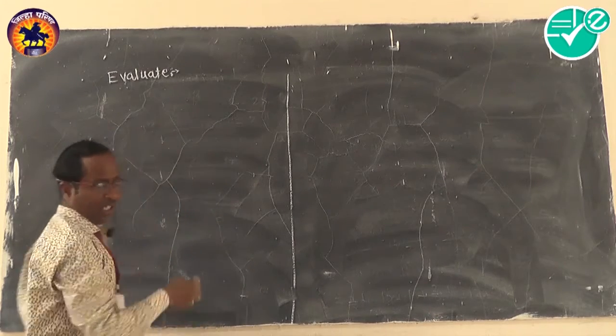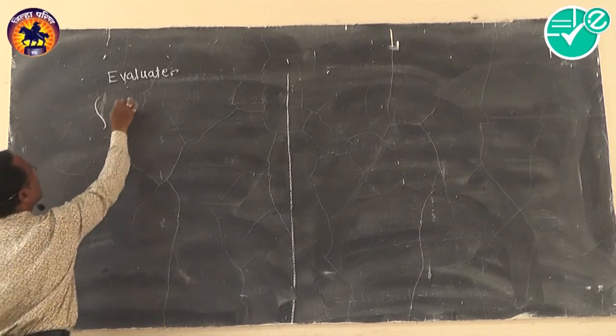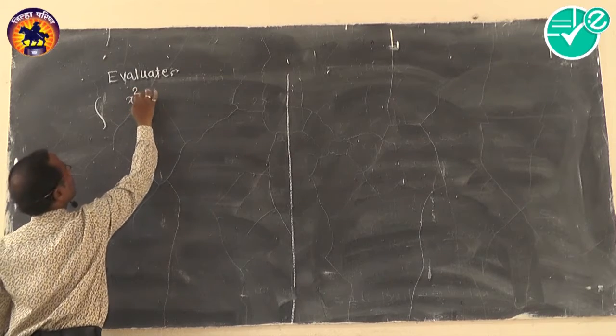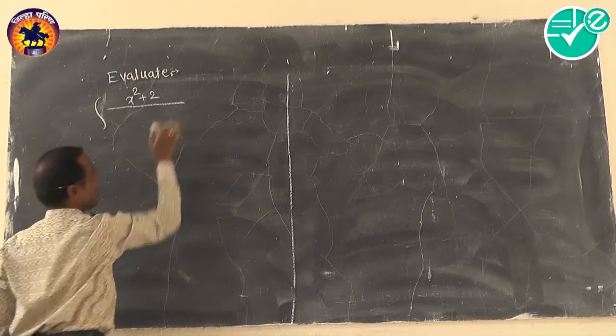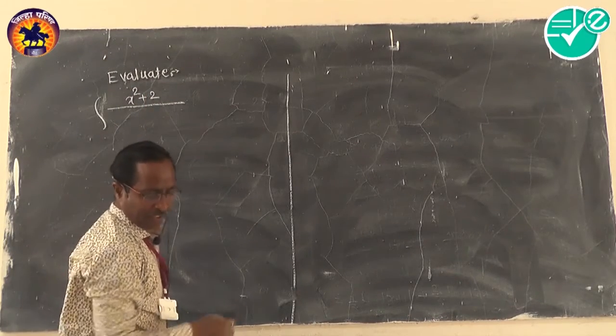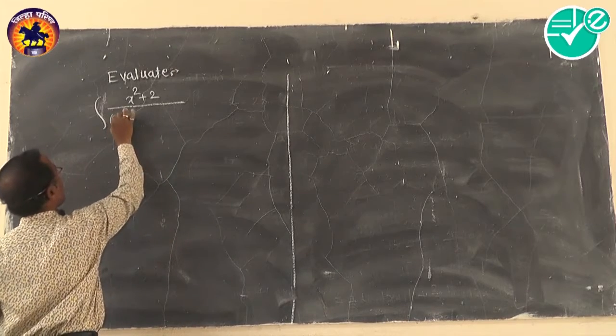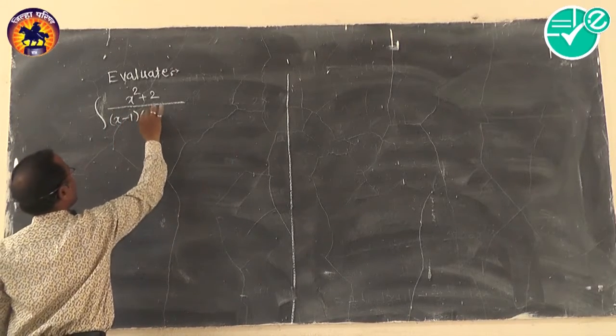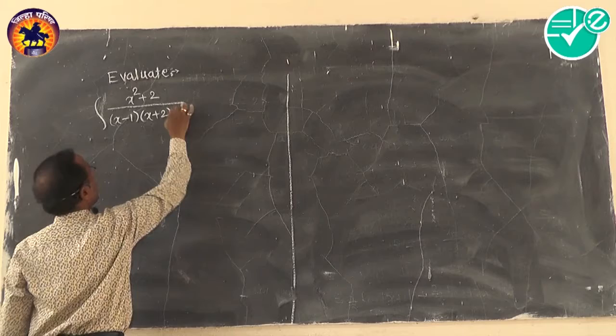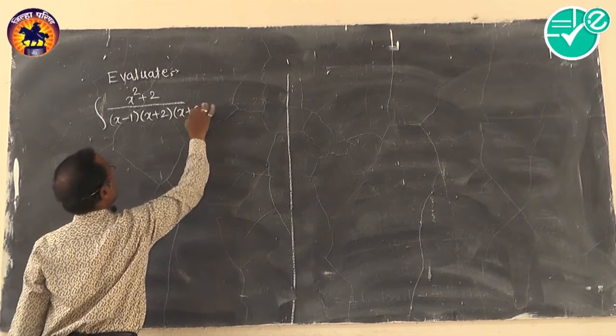Next example: integral of (x square plus 2) divided by (x minus 1) into (x plus 2) into (x plus 3) dx.